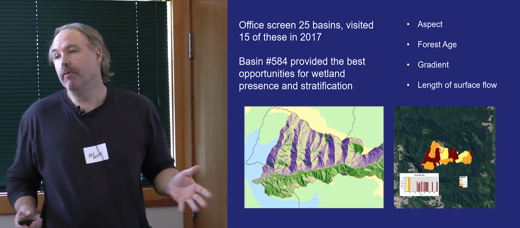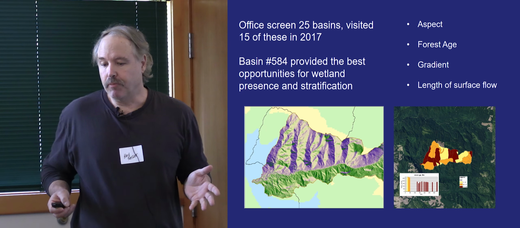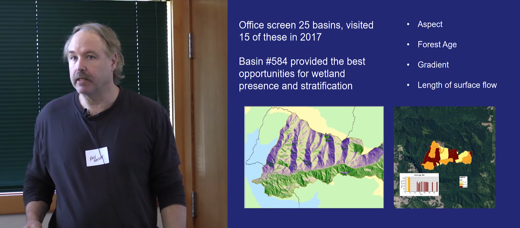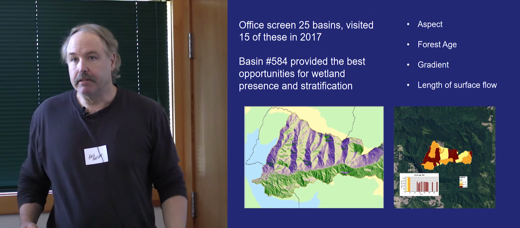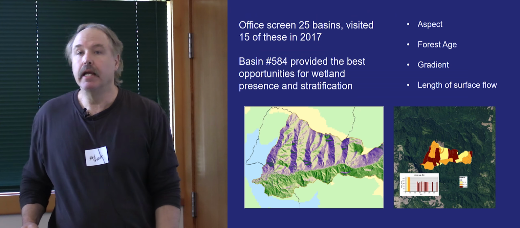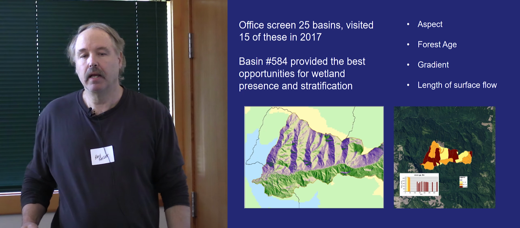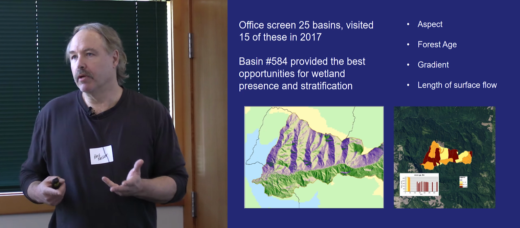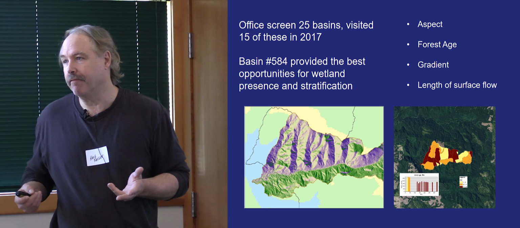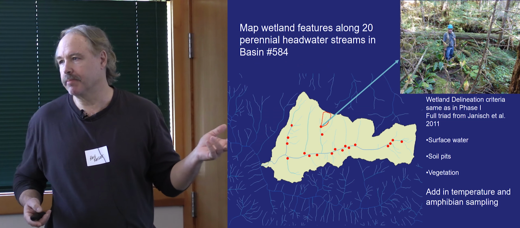So we chose that. What we found with the other basins, the other 15 out there, is basically these wetlands were hard to find, which was kind of surprising to us because in our phase 1, they're pretty common out there. The other thing we found with the other basins in terms of not choosing those is we're looking for headwater perennial streams. And so a lot of those didn't have those types of streams flowing through, different age classes and aspects and that sort of thing.